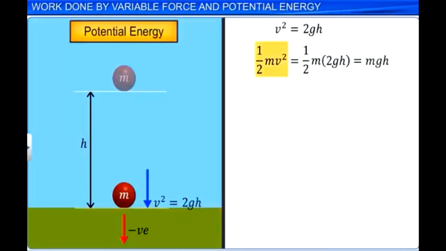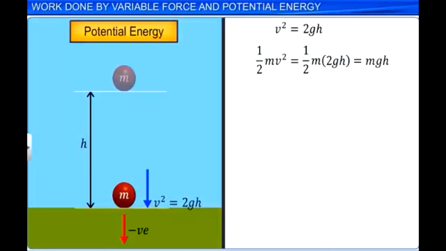The left side of the equation is the kinetic energy of the body on reaching the ground, and the expression on the right is the potential energy stored.